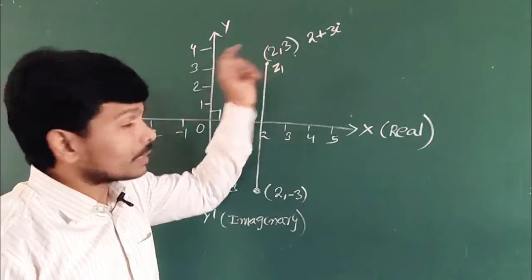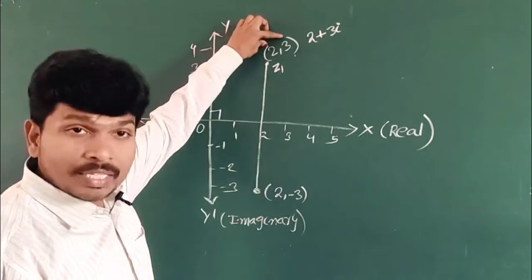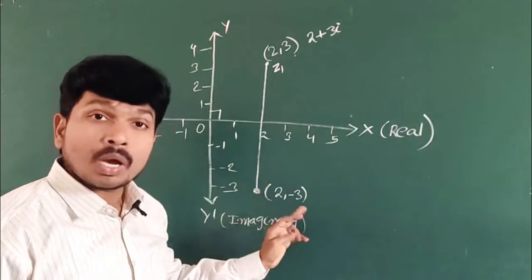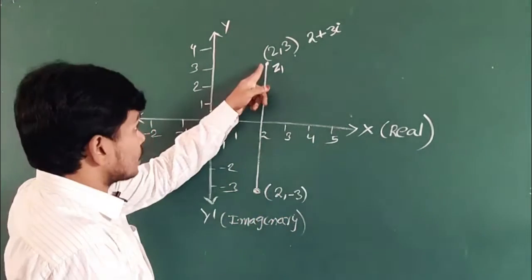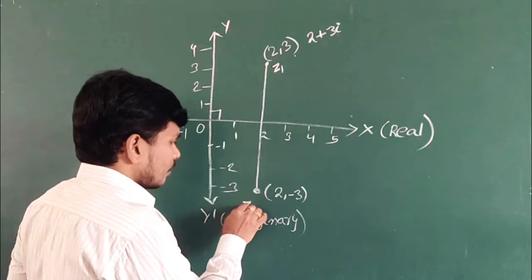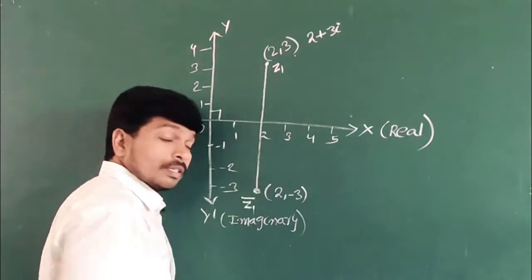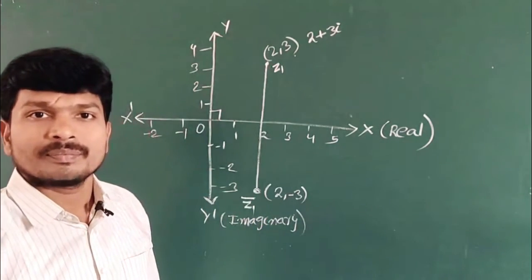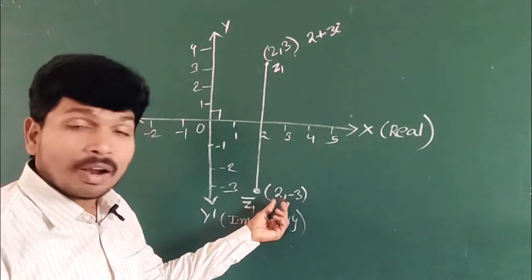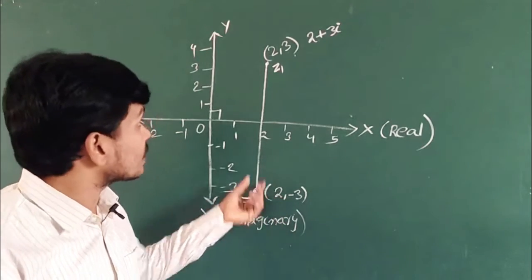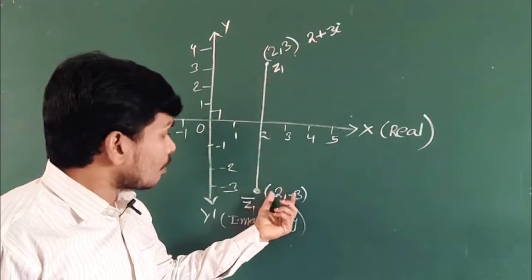So the reflection of 2, 3 with respect to the x-axis is 2, minus 3. If this point indicates the complex number z1, then this is called z1 bar. This is called the conjugate complex number.